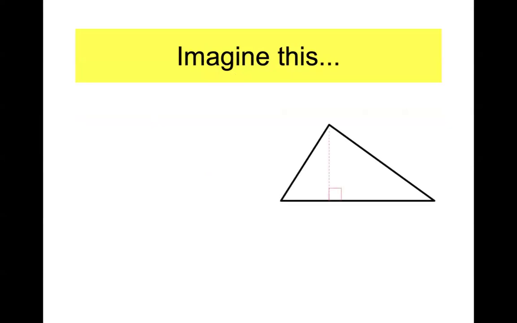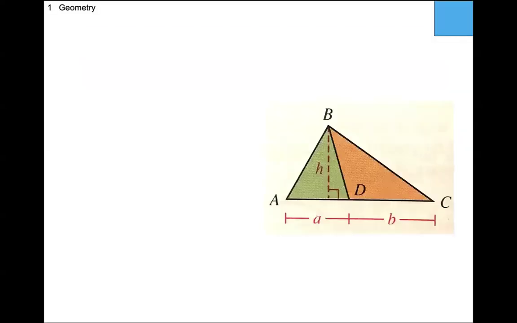So imagine this. Say I have a triangle, and from one of the vertices, I drop an altitude or a height. Then it looks like I'm connecting that segment right there to the middle. I'm not claiming that, although I might be in this case. I'm just making a connection between that same vertex that the height attaches to, down to its opposite side. Okay, all right, so that's this picture right here.